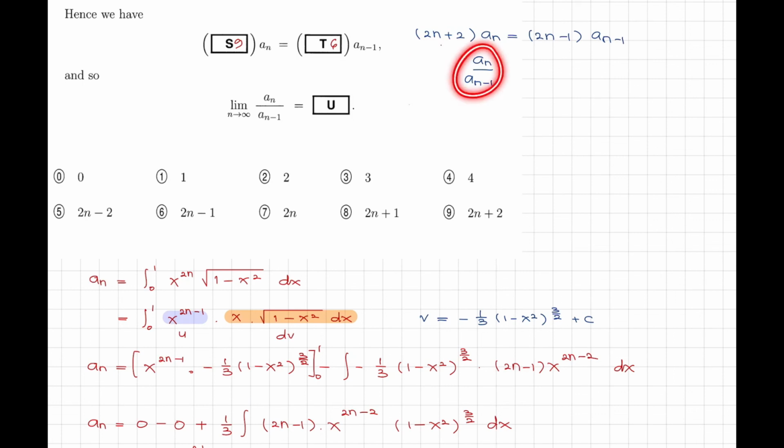So a_n over a_n minus 1 is equals to 2n minus 1 over 2n plus 2. So limit of n approaches infinity of a_n over a_n minus 1 is equals to limit n approaches infinity of 2n minus 1 over 2n plus 2.